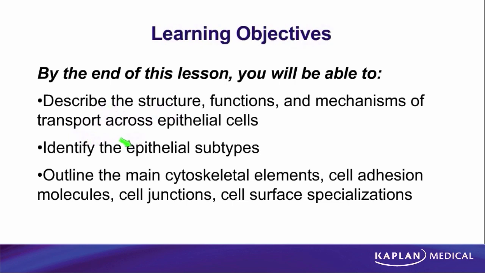Remember, we talked about the stratified or the simple, and then the different shapes: squamous, cuboidal, and columnar. And then we wanted to talk about the cytoskeletal elements, microfilaments, intermediate filaments, and microtubules, the cell adhesion molecules, the various types of cell junctions, and the cell surface specializations. So that's what we have accomplished.